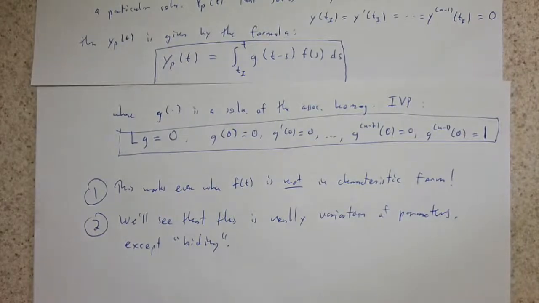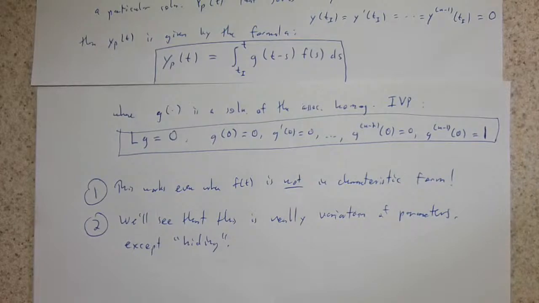It's not really a new thing. It is actually just variation of parameters continuing on under the banner of Green's functions. Okay, so I'm not going to do an example of this. Rather, I'm going to show you how variation of parameters leads directly to this.